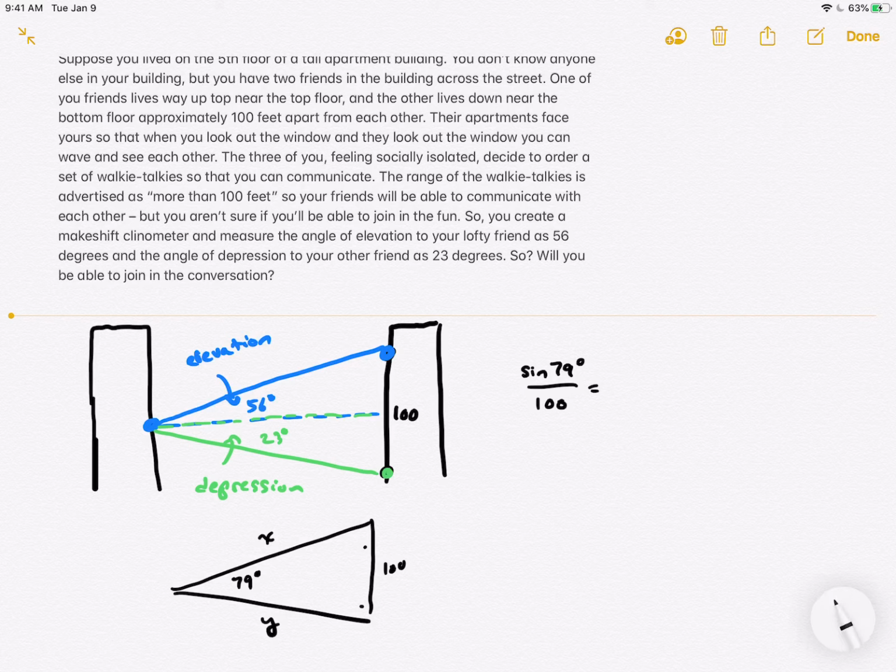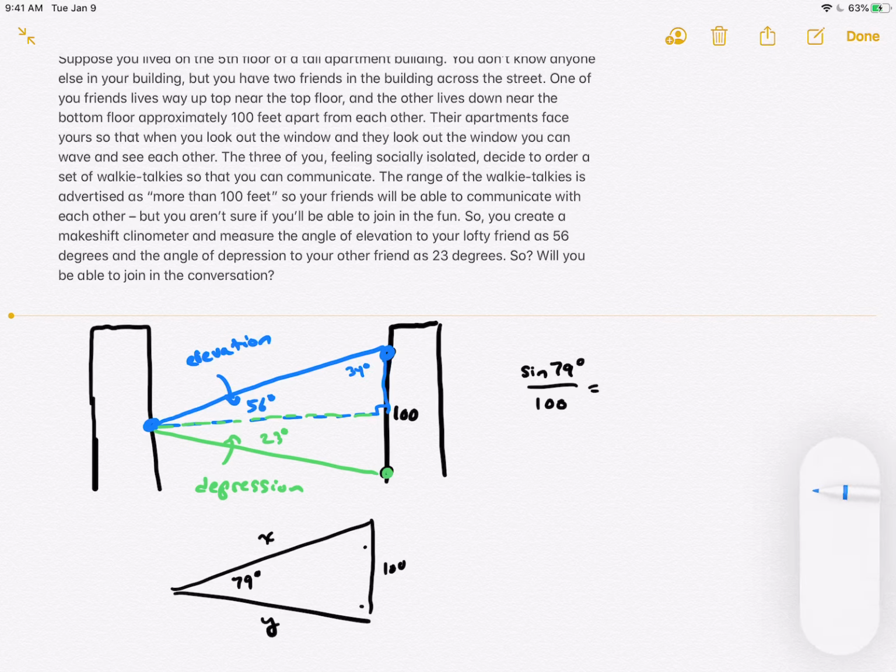Because if I look at my original picture here, and I had this blue triangle, that was a right triangle. So I knew that this angle up here in the corner was 180 minus 90 minus 56. So that was a 34-degree angle.